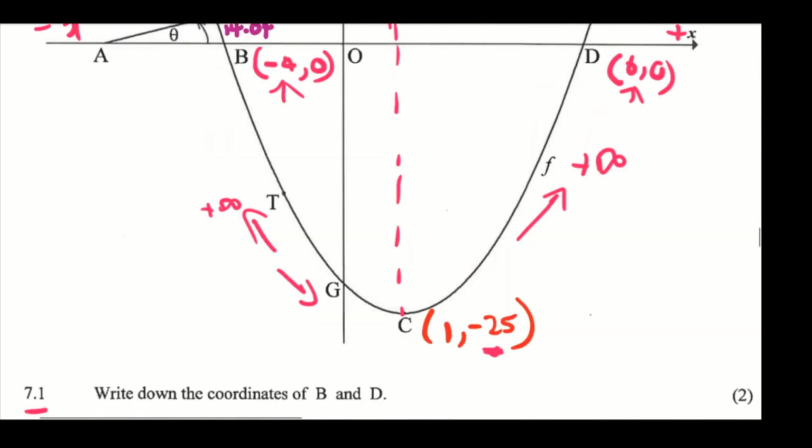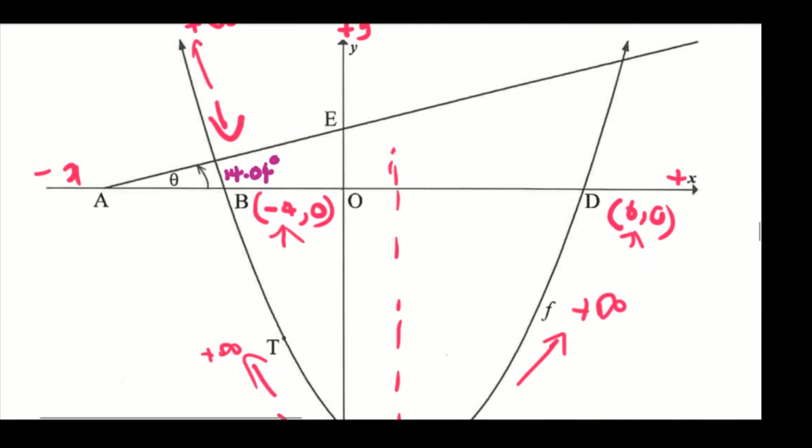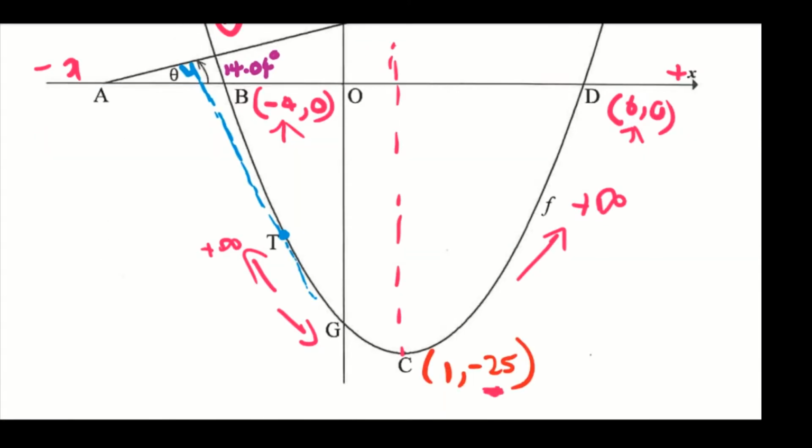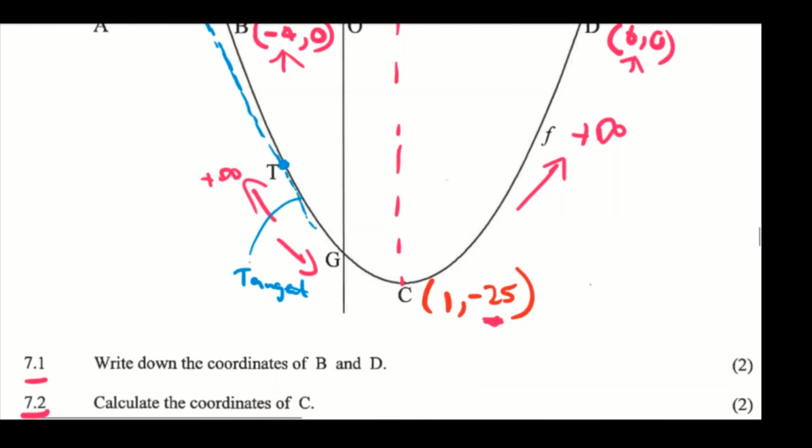So what they're saying is there's a tangent at T, which I'm indicating with this blue line, moving like this, and it is perpendicular to the line AE. This tangent touches point T just here. So this is a tangent and it's perpendicular to AE.